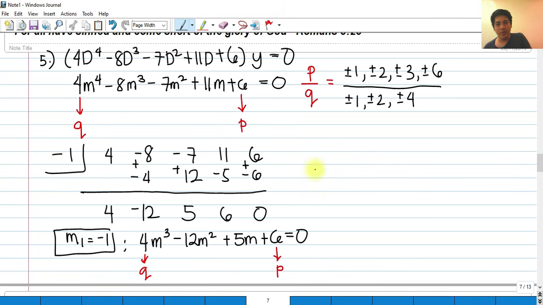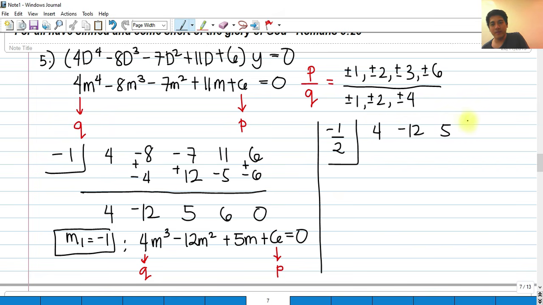If I'm going to choose, let's say, one possible combination is -1. I pick -1 here, and +2 on the denominator, such that I have -1/2 as my root. I'm going to write the constants again. We have 4, -12, 5, and 6.